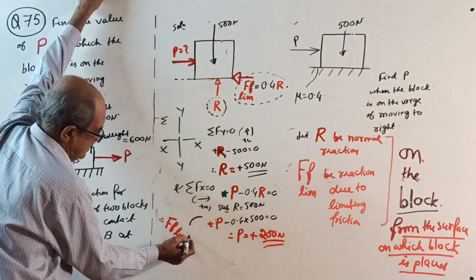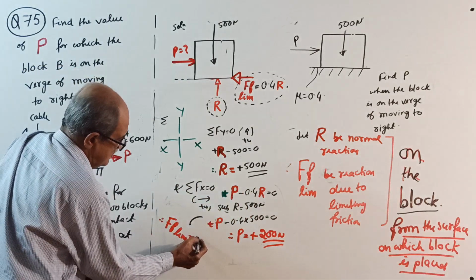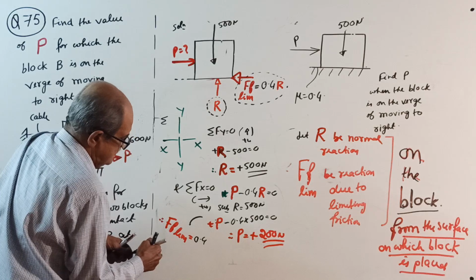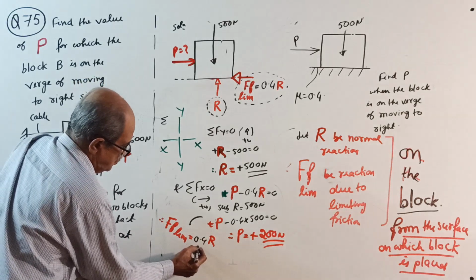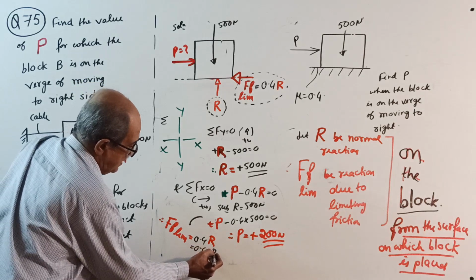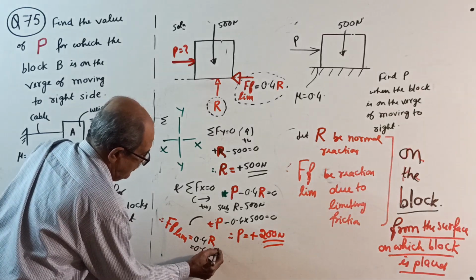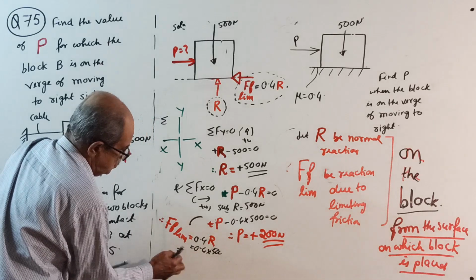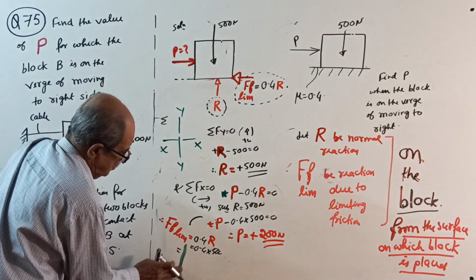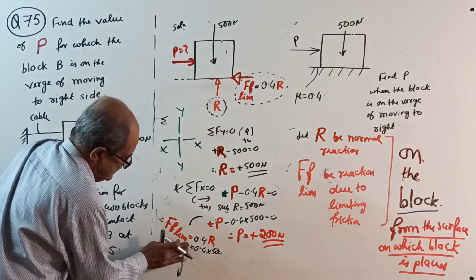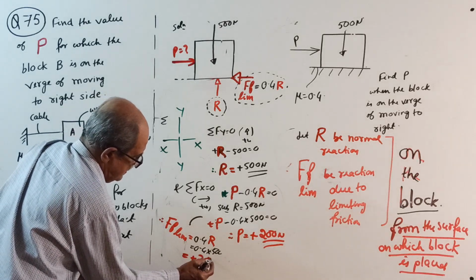What you calculated is 0.4 R, which is equal to P only. If you calculate, 0.4 into, sorry, R is 500, equal to 200 Newton. FF limit equals 200 Newton, plus is not required.